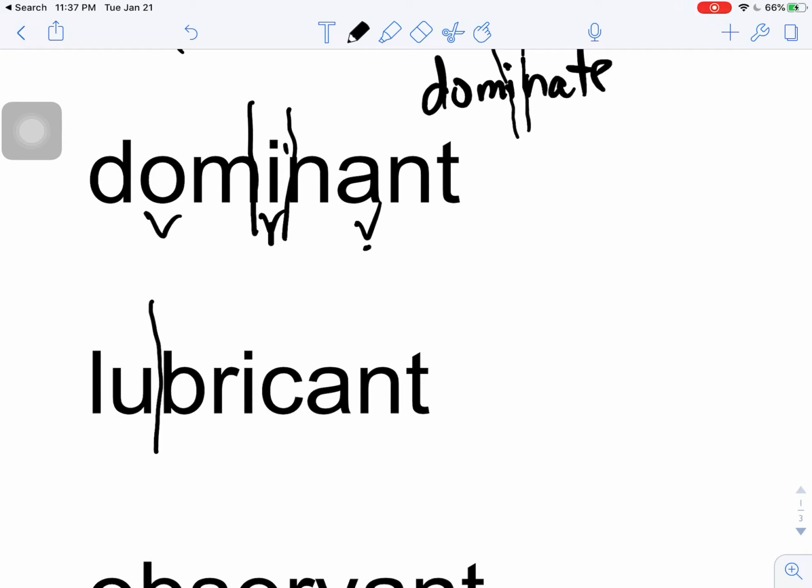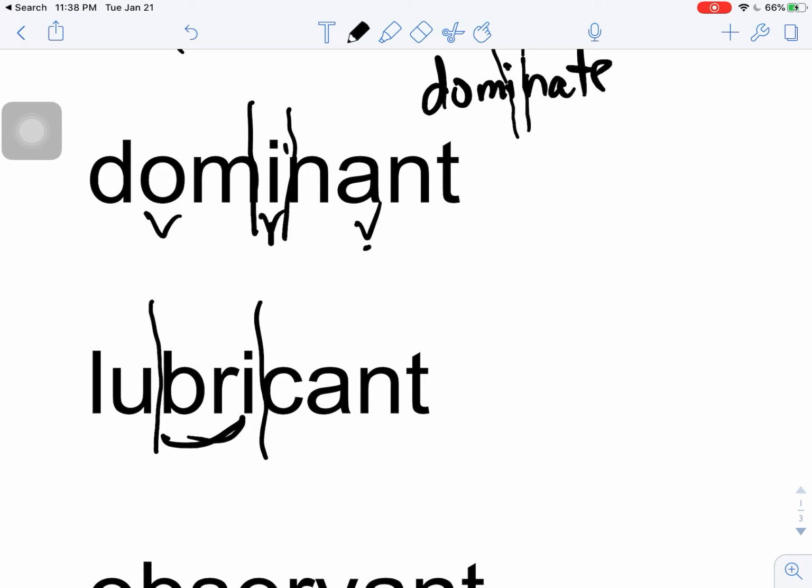So in an open syllable, A, E, O, U would say their long sounds or their second sounds. So the U says U. Lubricant. So this part here is now an open syllable. I and Y usually say I, even in an open syllable. So I and Y usually say I at the end of a syllable, but they may say I. Lubricant.